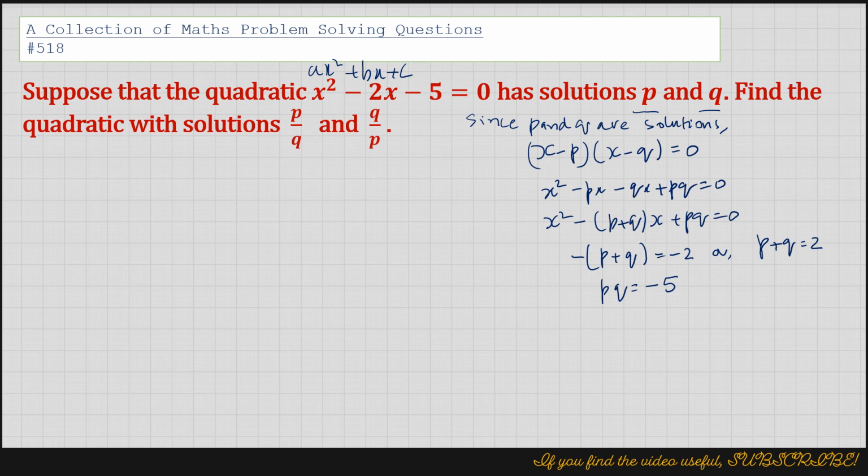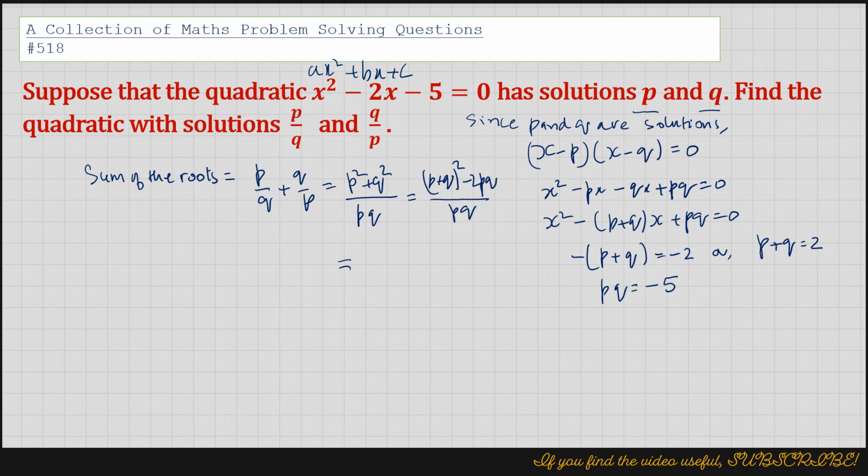We know the sum of the roots of this quadratic is p out of q plus q out of p, and that is p squared plus q squared divided by pq, or I can write it as (p plus q) whole squared minus 2pq, divided by pq. I get it from here.